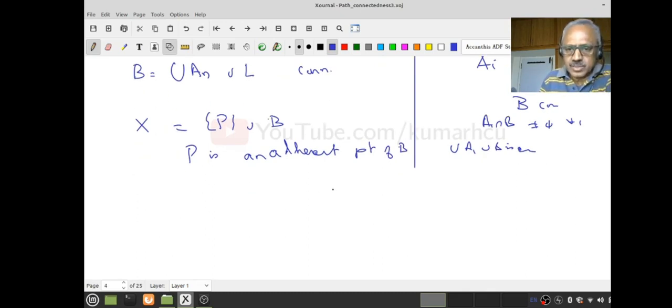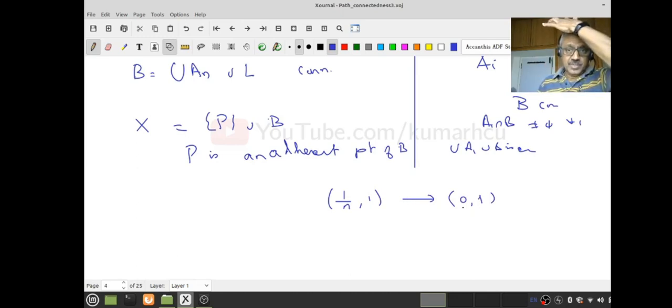Let us look at all these points at the top, (1/n, 1), and where do they converge in the subspace topology? They converge to (0, 1), right? Remember, this is a metric space topology. Therefore these are the points in B, and they converge to a point, therefore this limit must be an adherent point.